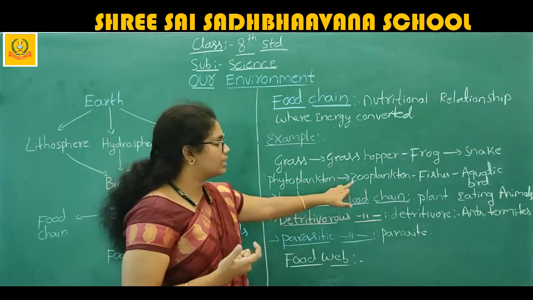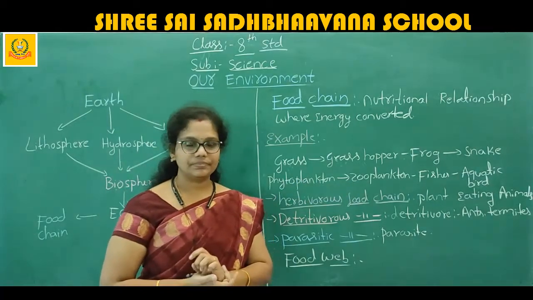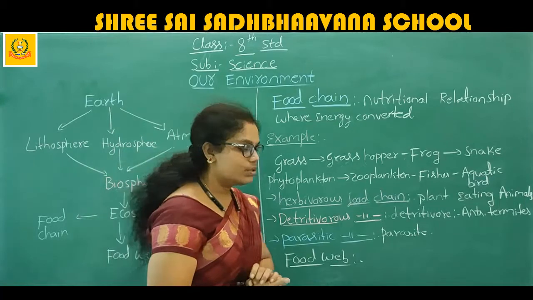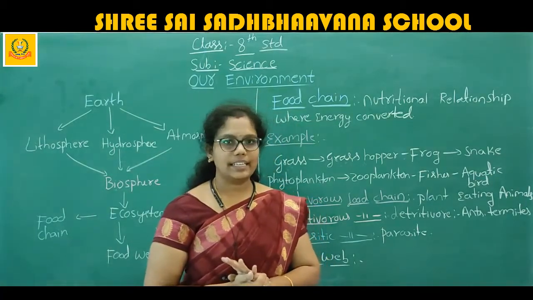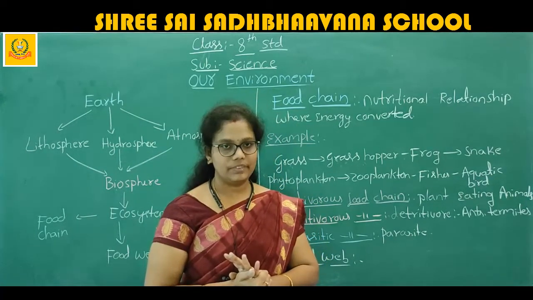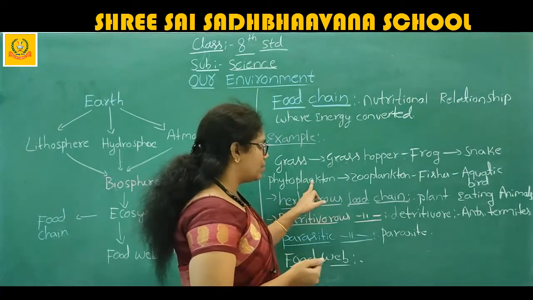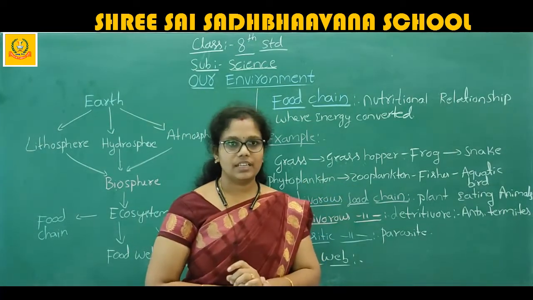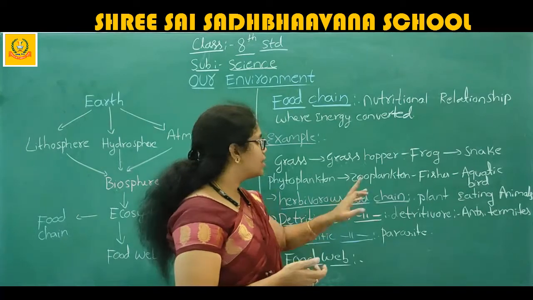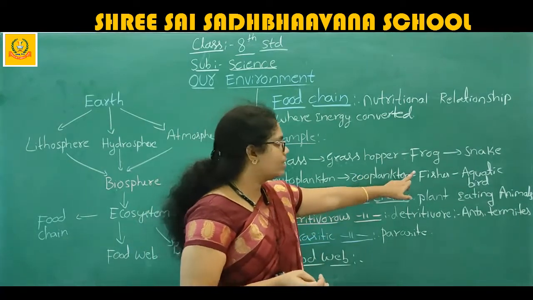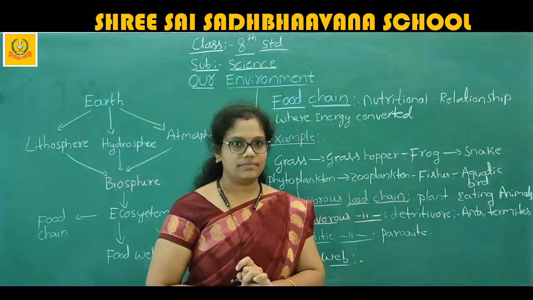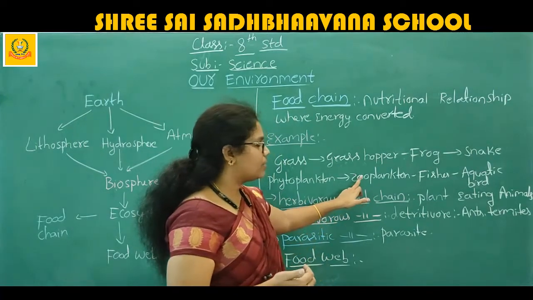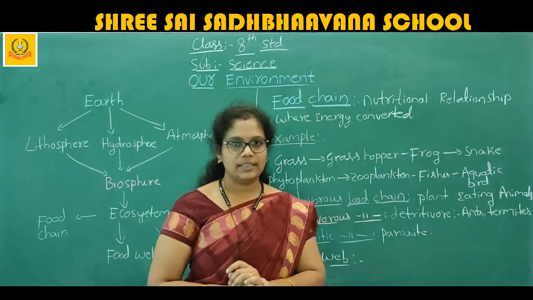This producer is eaten by the zooplankton. The zooplankton is the primary consumer. Again, that primary consumer is eaten by the secondary consumer, the fishes. The zooplankton is eaten by the fishes.